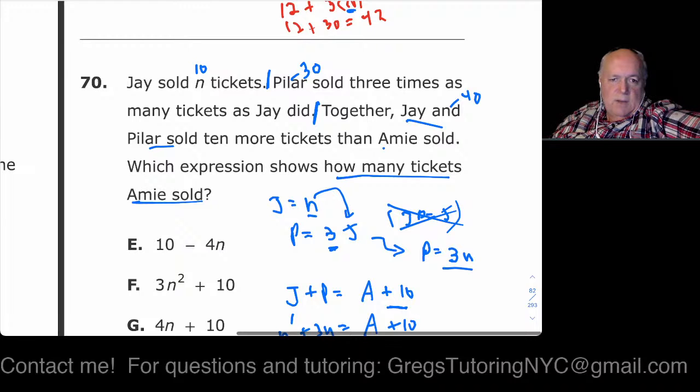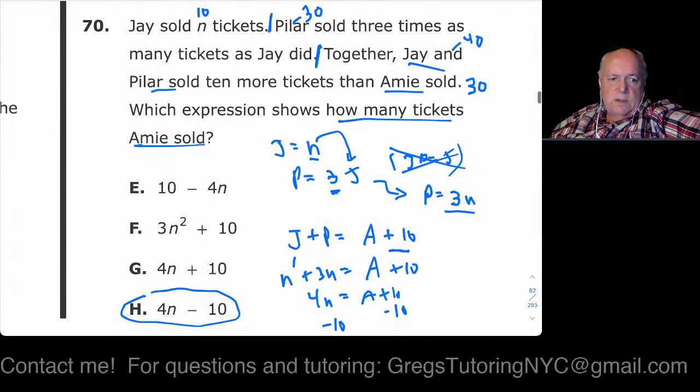So Amy would have sold 30, right? So it says, which expression shows how many tickets Amy sold, all right? If N was 10, that's 40, minus 10 is 30, right? And that's what we just wrote up here that Amy sold. So it does all check out.